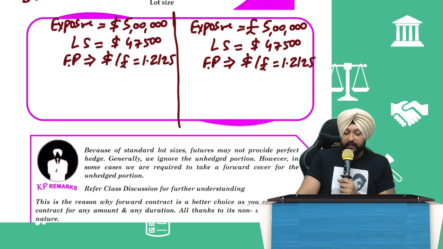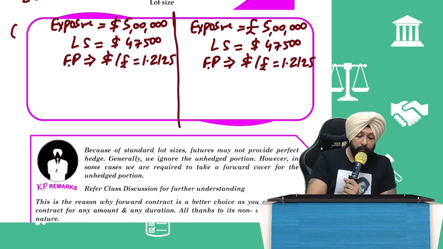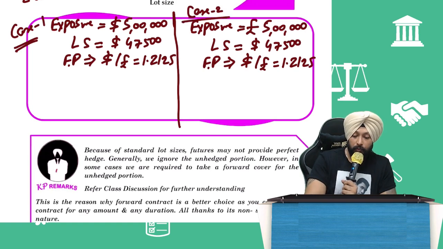You see, the first case, exposure is 5 lakh pounds, lot size is 47,500, and future price is dollar per pound 1.2125. That is case 1. Okay. This is example on case 1. This is example on case 2.